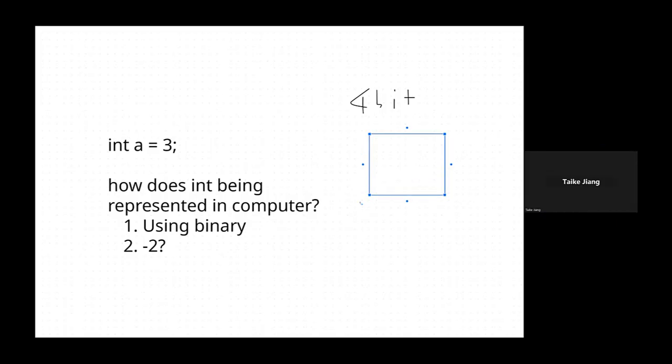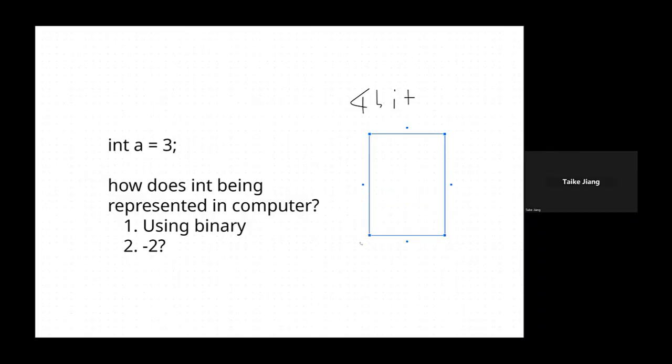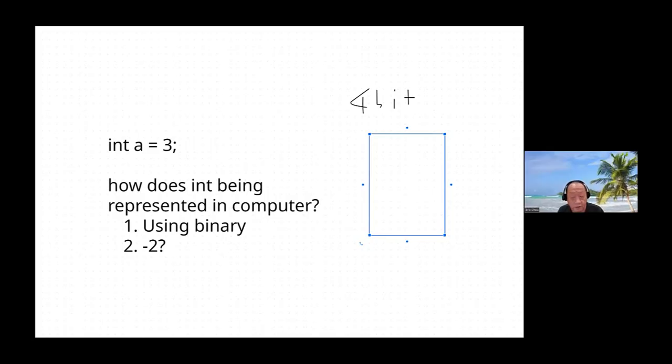So what is the maximum number that you can store in 4 bits? It's 2 to the power of 4 minus 1, so it would be 15. So your 15 is 1111.